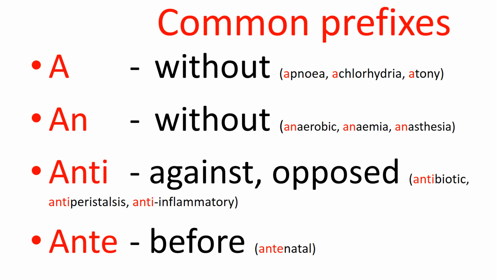So if someone is anemic, they have no blood. In practice, of course, it doesn't mean they have no blood at all. It means they have lowered concentrations of hemoglobin in their blood, and there is therefore a reduced oxygen carrying capacity of that blood. But technically, anemia means without blood. So there's reduced amounts of blood.